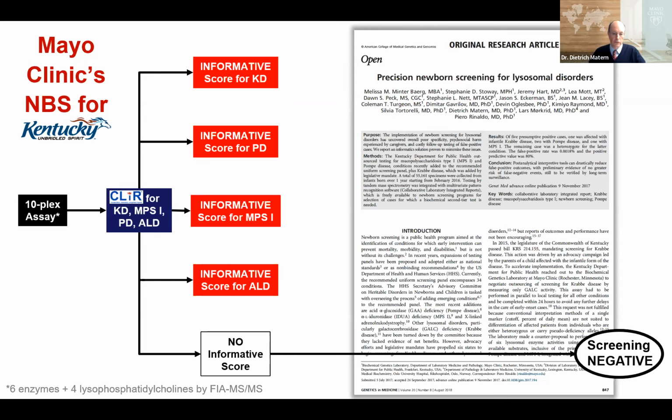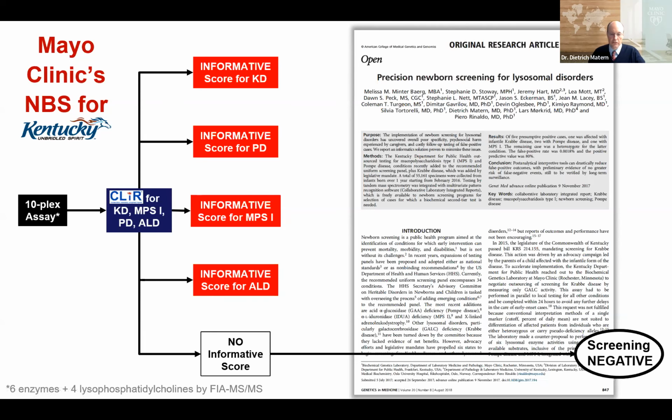Now, we're not screening for those last 3 conditions. We're just measuring the activity, and we use that data in CLEAR to see whether the overall profile of those results would fit better with a healthy baby, or possibly with a baby with Krabbe disease, Pompe disease, MPS I, or adrenoleukodystrophy. So we do not apply any cutoffs.